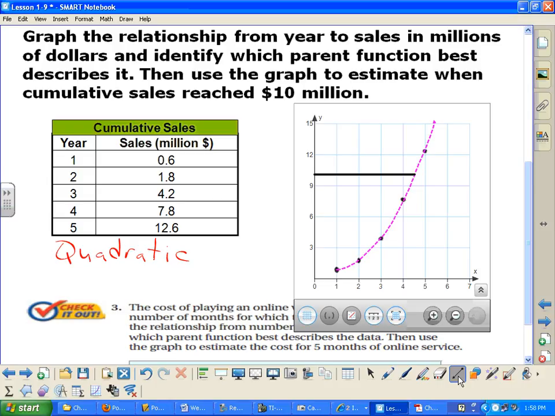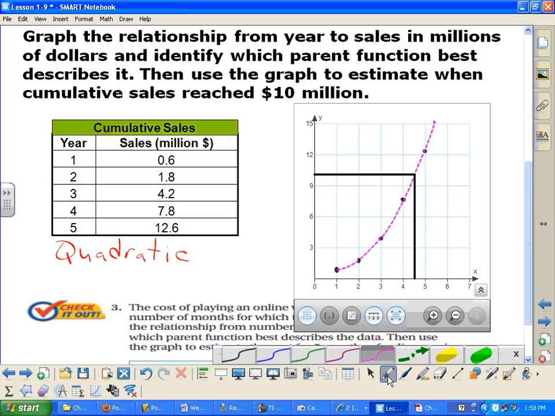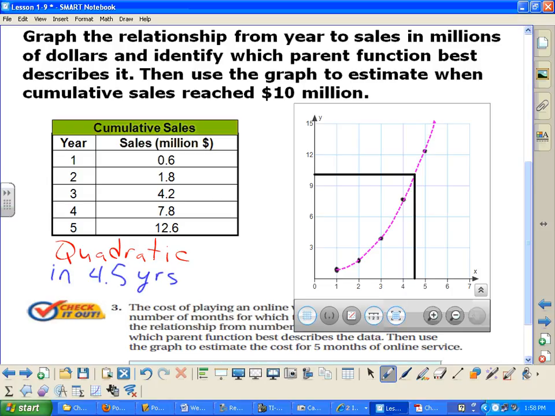And then if I came down here to my x value, what would we say that is? About 4.5. So in 4.5 years, it will reach $10 million.